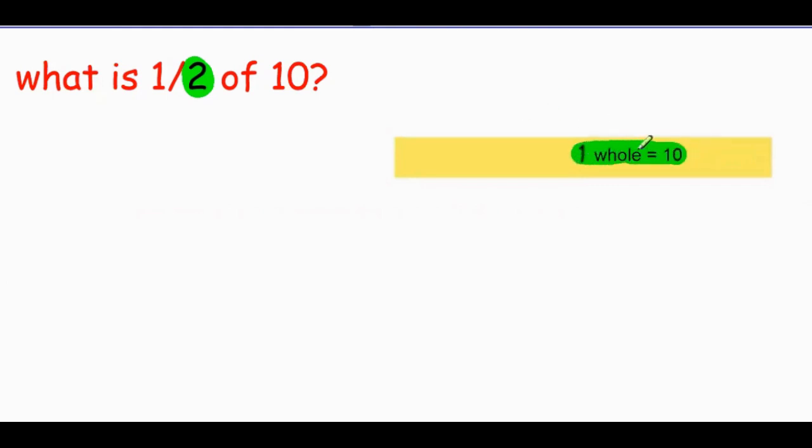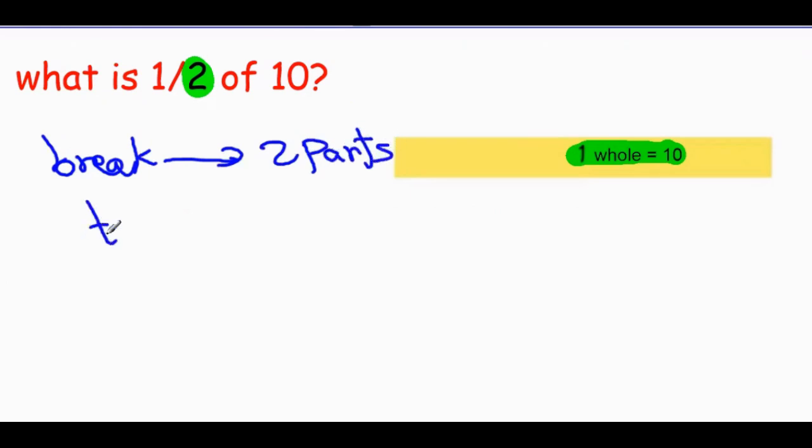The whole is 10. So to find 1/2 of 10, I should break the 10 into two equal parts. Then I take one part out of two parts of the whole.